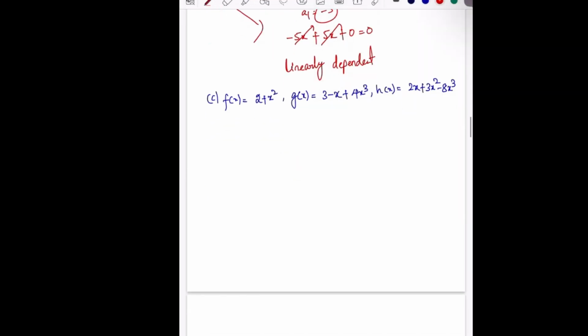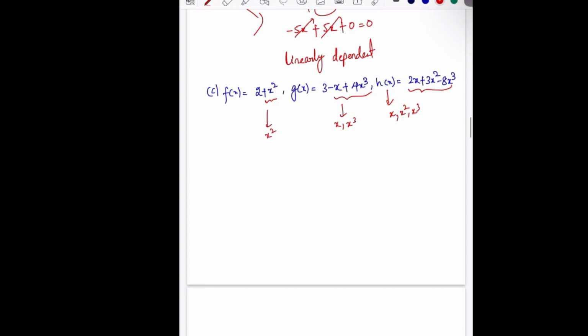Now see the third one. H of x has coefficients of x, x square and x cube. And f of x has one term which is x square, and g of x has both x and x cube. This is x and x cube. And this is only x square.